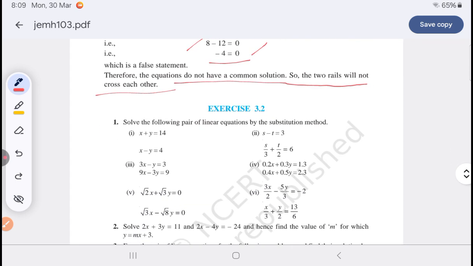Now exercise. Solve the following pair of linear equations by substitution method. Here x plus y equal to 14, x minus y equal to 14. Substitution. From equation 1 you write x equal to 14 minus y.